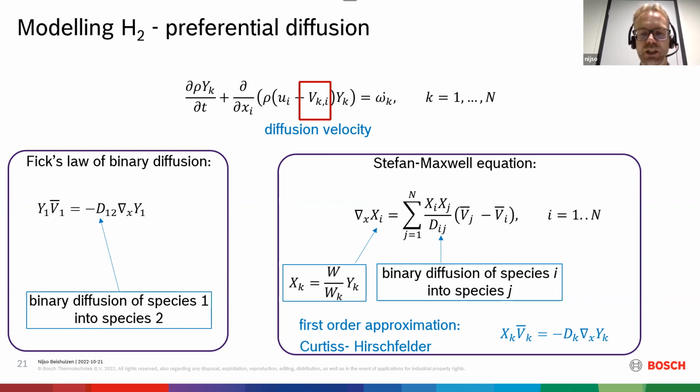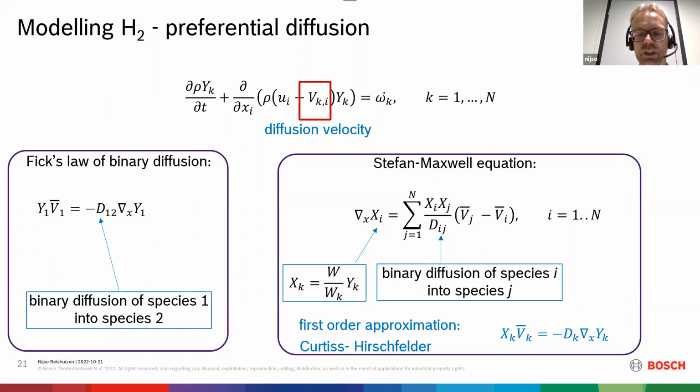An already simplified system is given here by the Stefan-Maxwell equations. And the first order approximation is then given by the Curtiss-Hirschfelder approximation, leading to an expression similar to Fick's law for multi-component mixtures. Now, the diffusion term in the Curtiss-Hirschfelder approximation is not an actual binary diffusion coefficient, but some kind of a bulk diffusion coefficient describing the diffusion of species, let's say k, into the rest of the mixture.